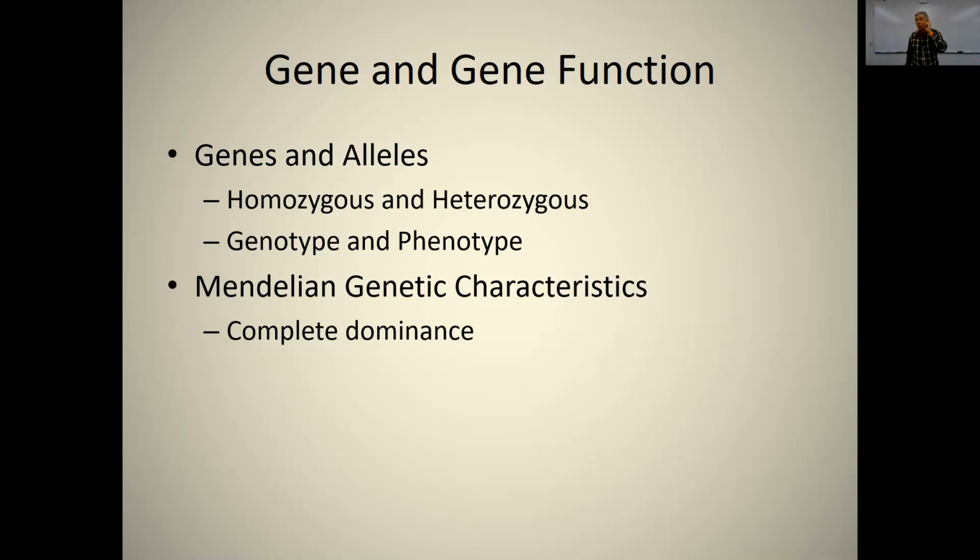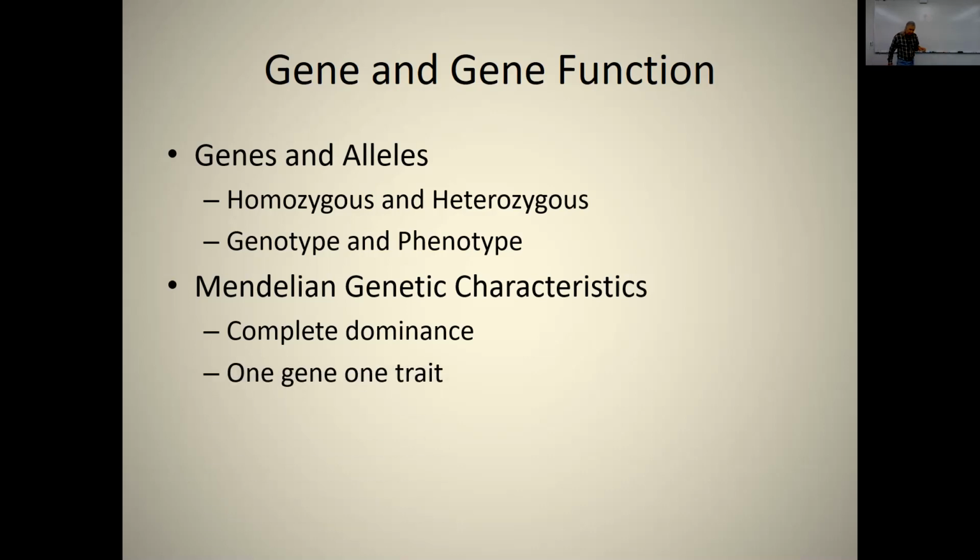So in order to have the dominant expression of a trait, all you need is one dominant allele. To have the recessive expression, you have to have two small letters. So that's what he discovered.